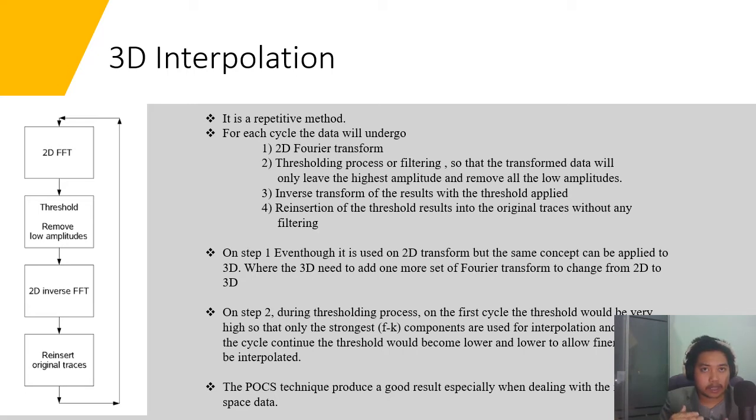Then as the cycles continue, the threshold value will be lowered so that the finer details can also be interpolated. And lastly, the post technique produces a good result, especially when dealing with irregularly spaced data.